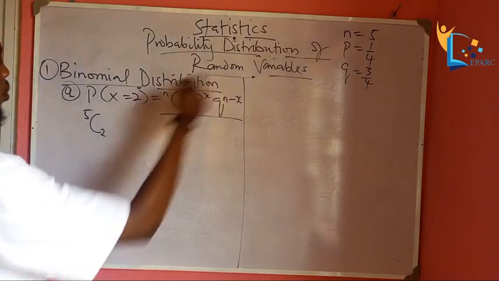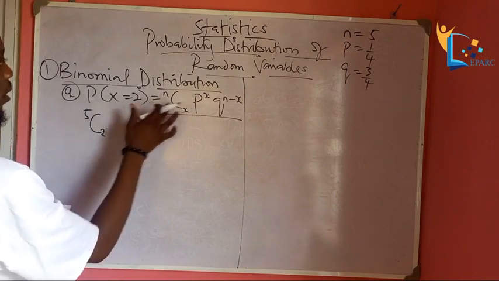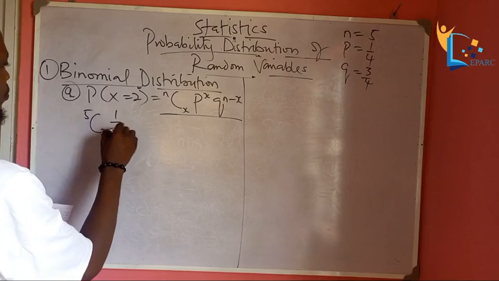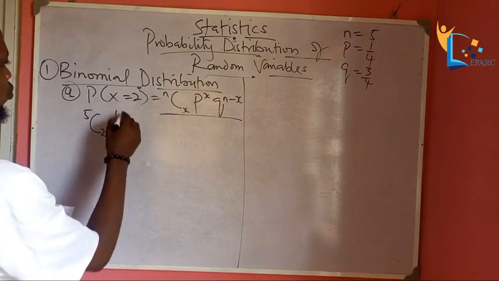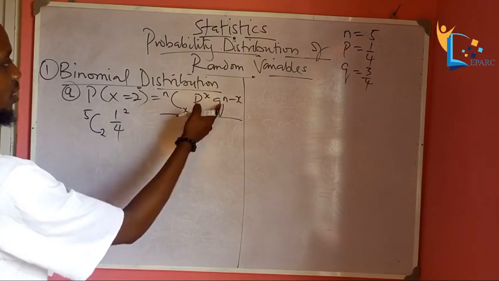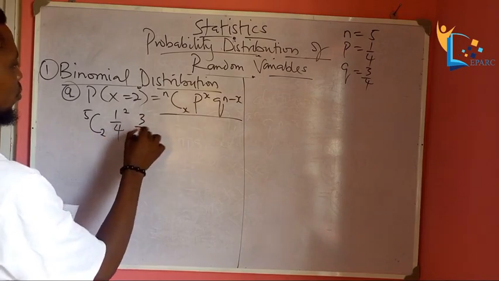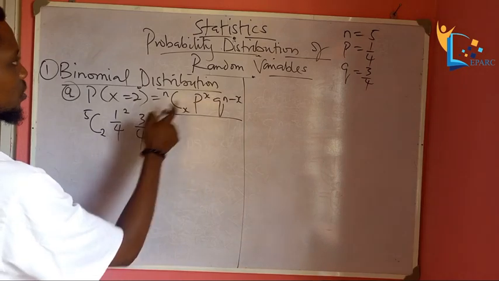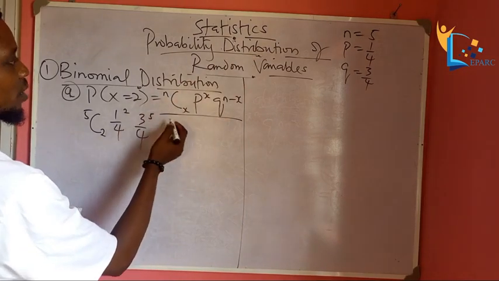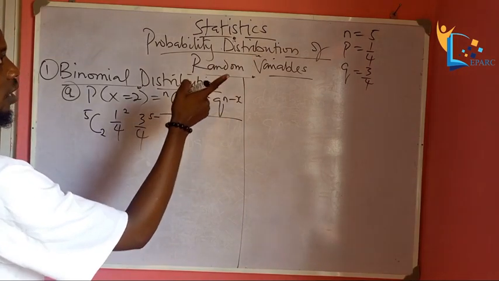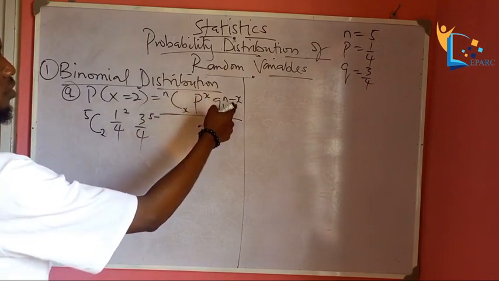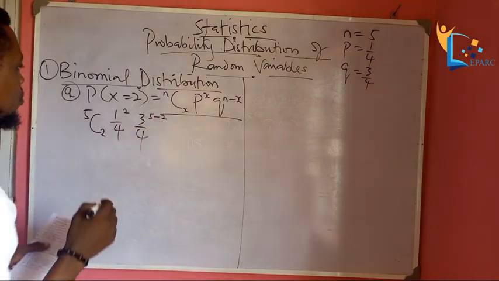P is 1 over 4, to the power x, which is 2. Q is 3 over 4, to the power n minus x, which is 5 minus 2.